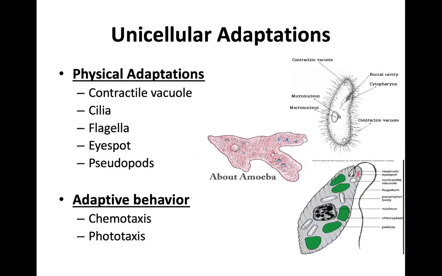Some physical adaptations we are going to talk about today are the contractile vacuole, different than the vacuole we've already talked about, cilia, flagella, which were in your vocab this week, an eye spot, as well as a pseudopod. Two adaptive behaviors we're going to talk about are chemotaxis and phototaxis.